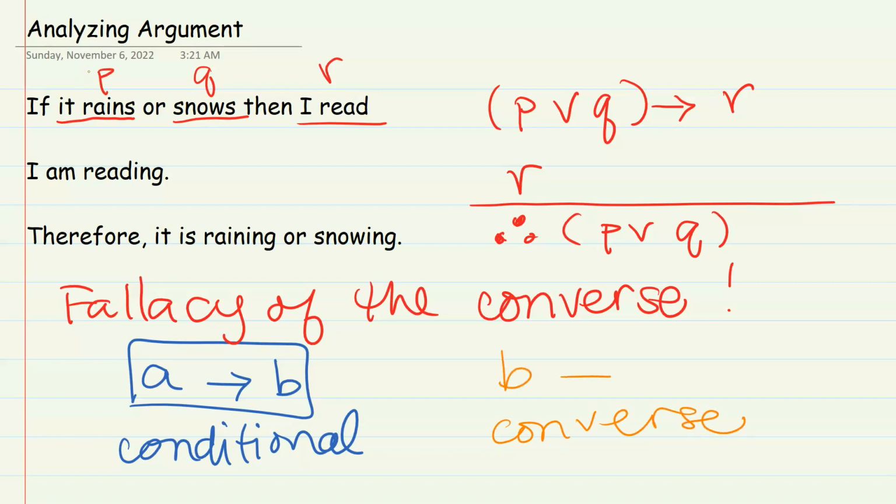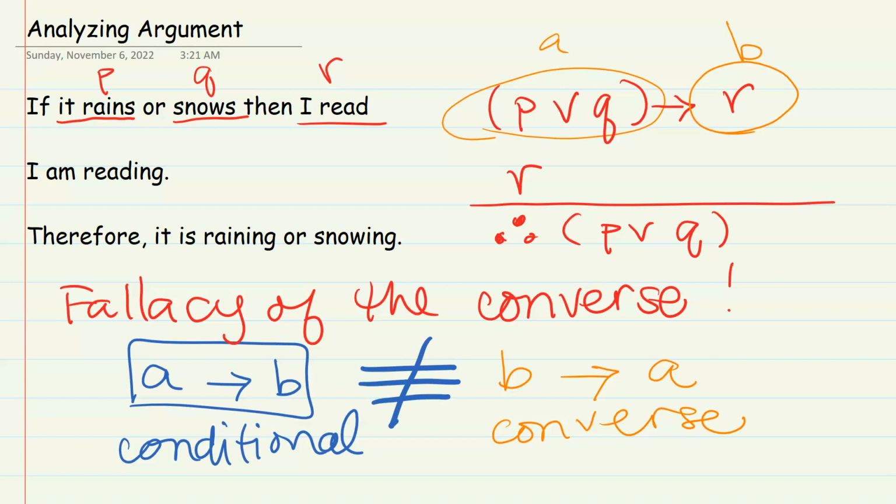So B implies A. Okay, do you see that structure here? This right here being A, this right here being B, and then B, therefore A. So that is a fallacy of the converse, because we know that this original conditional statement is not equivalent to its converse.